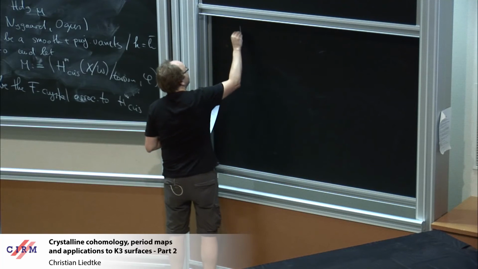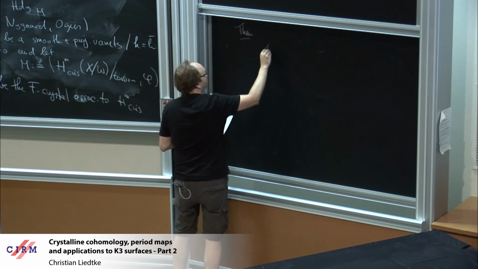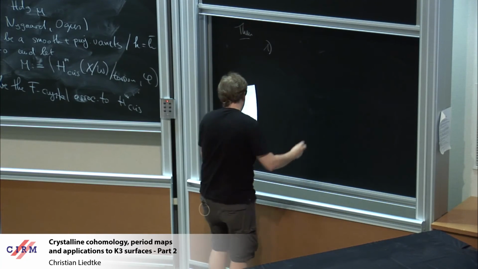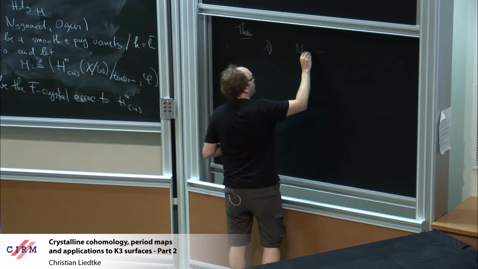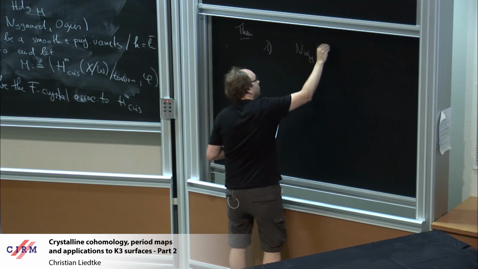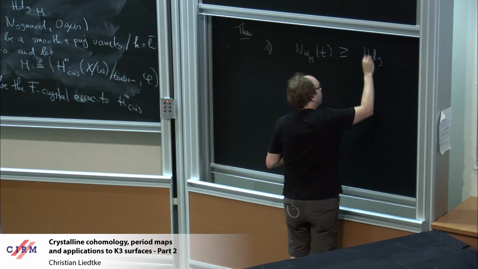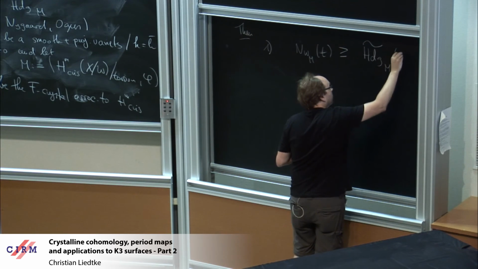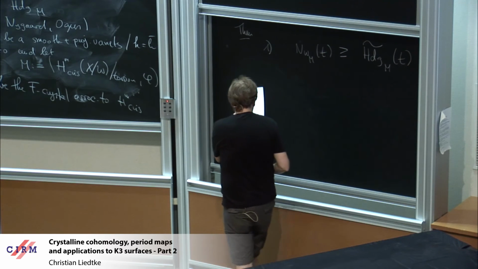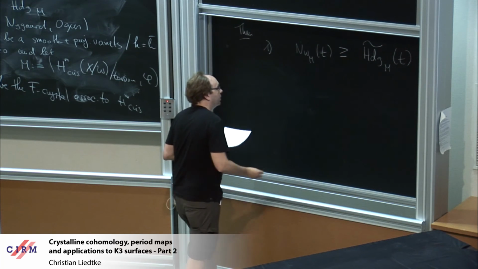Then, first of all, the first statement is that the Newton polygon always lies on or above the geometric Hodge polygon, for all t.